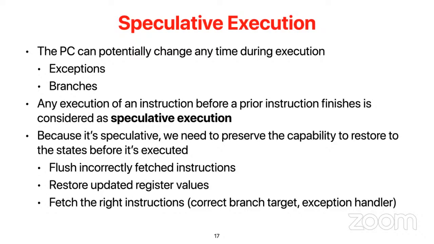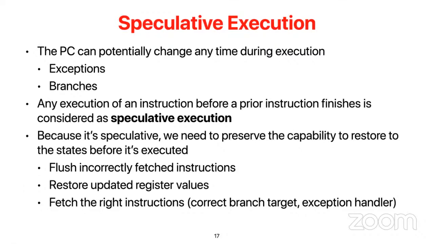And these situations could occur anytime before that prior instruction is written back. So in fact, if an instruction has not yet reached its write back stage, any later instruction cannot be guaranteed to be executed for sure.